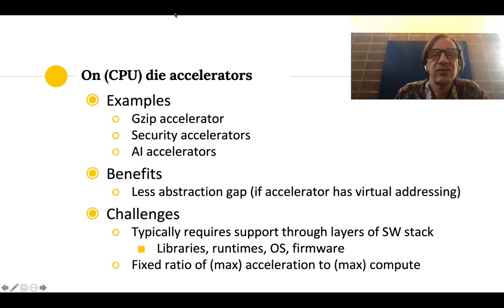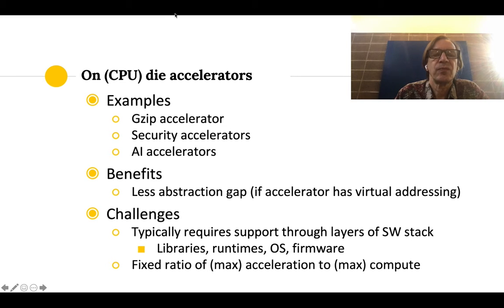So some of the challenges, if you integrate the accelerator on the CPU, of course, you can apply it for a variety of uses, like network storage or other uses. But all of the support for those uses does have to be provided through the layers of the software stack, which tends to be less transparent and more work than an accelerator integrated with a device for a particular purpose.